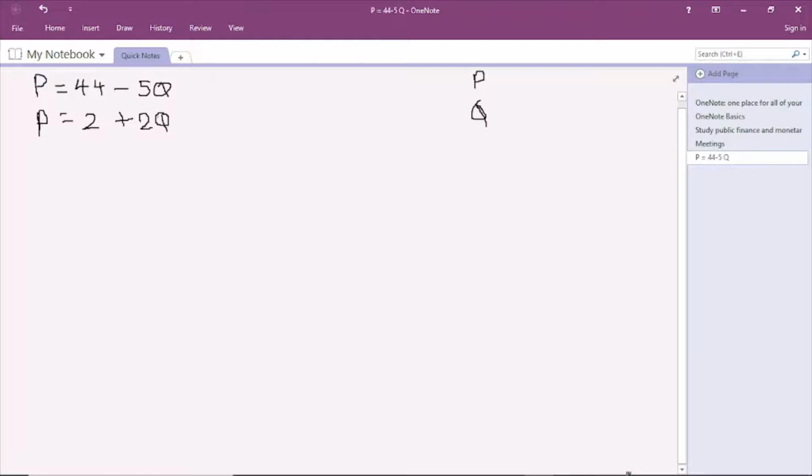And also it's a quantity that producers are willing to sell, and it's the same quantity that consumers are willing to buy. So when they ask you to find P and Q, they are just asking you to find the price for both the demand equation and the supply equation.